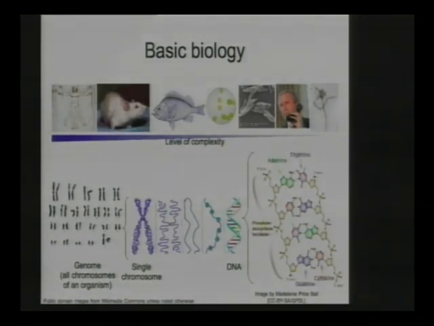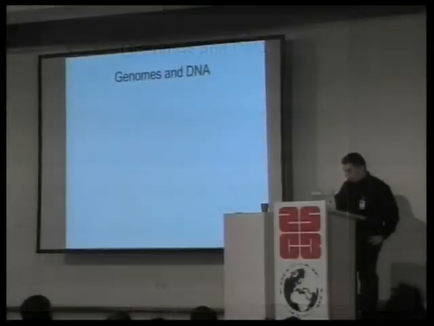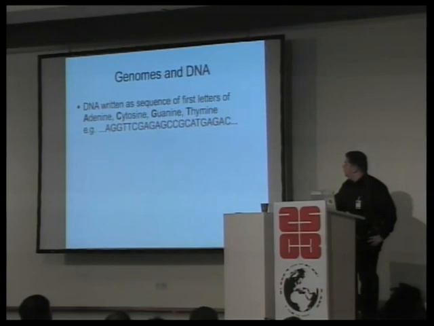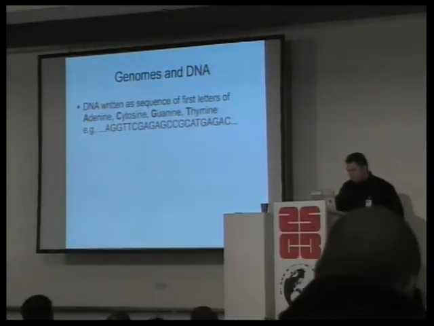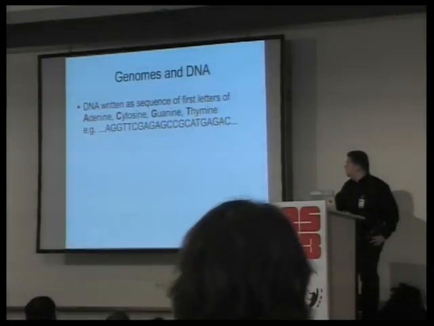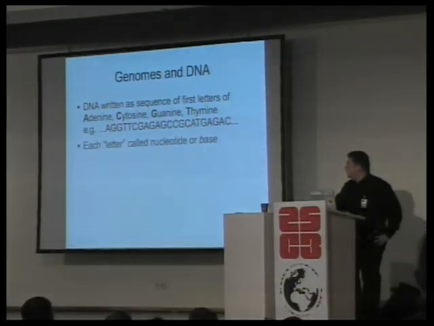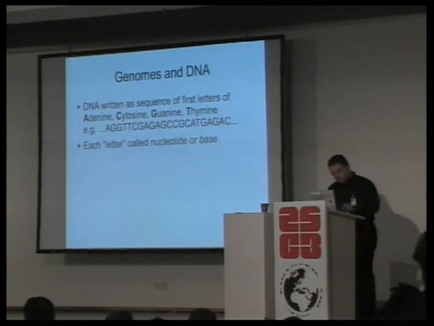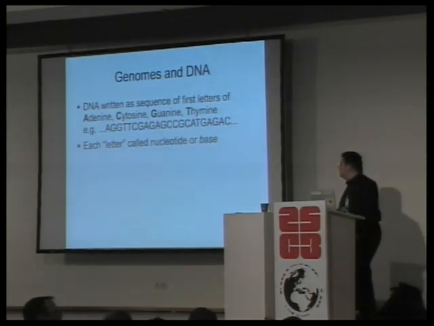And you can go down from chromosomes and disentangle them and end up with a well-known double-stranded helix, which has 4 bases that are abbreviated with A, C, G, and T. Hence the title of my talk, All Your Base.